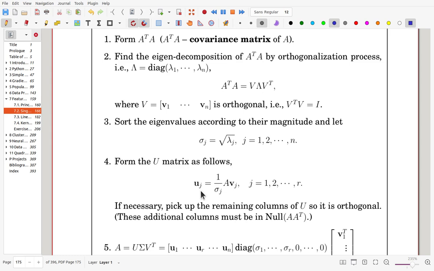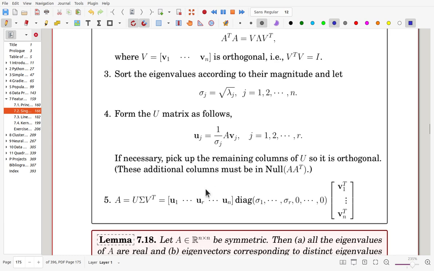So we're done here. Once it's required, we can pick up some remaining columns of U. We consider this one as full SVD.